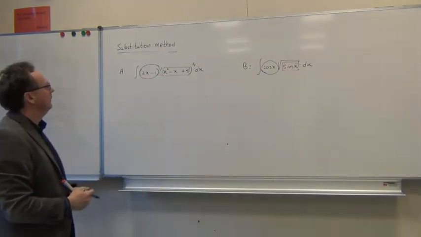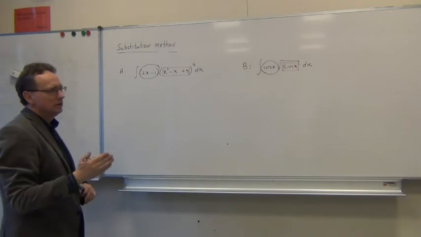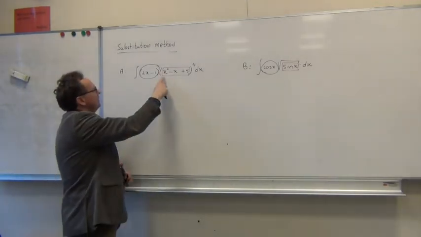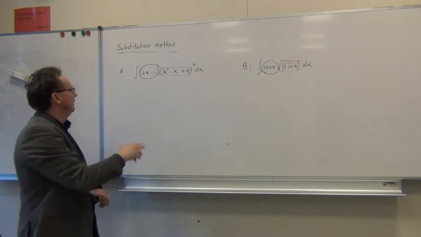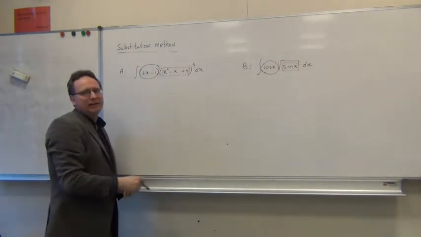And if I ask, well, what is the connection between the part in red and the part in blue? You can easily see that the part in blue is the derivative of the part in red.